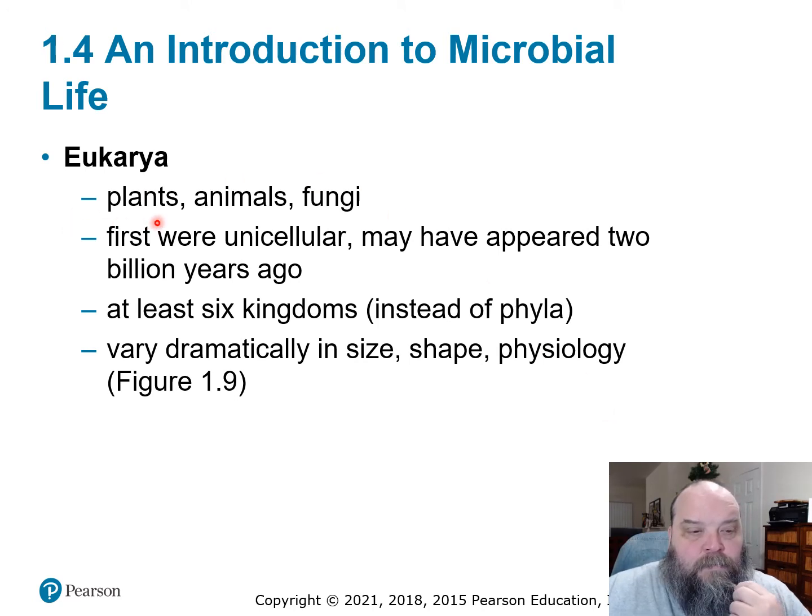Us eukaryotes: plants, animals, fungi. First, there were the unicellular, the small, single-cell things. And then over hundreds of millions of years, the single unicellular things started showing cooperativity. Remember the early sponges. Think back to your biodiversity.